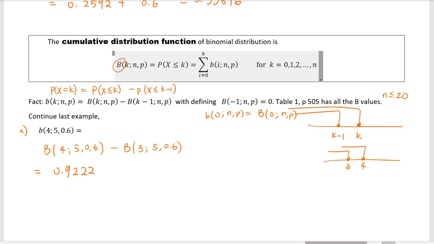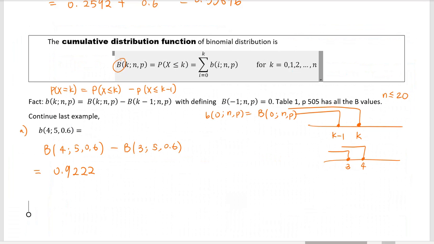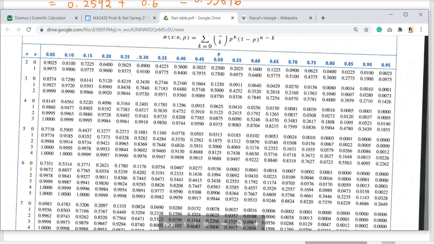Minus B(3; 5, 0.6). So right here, x equals 3, p is 0.6. Do you see 0.6630? Minus 0.6630. Okay, now let's see.